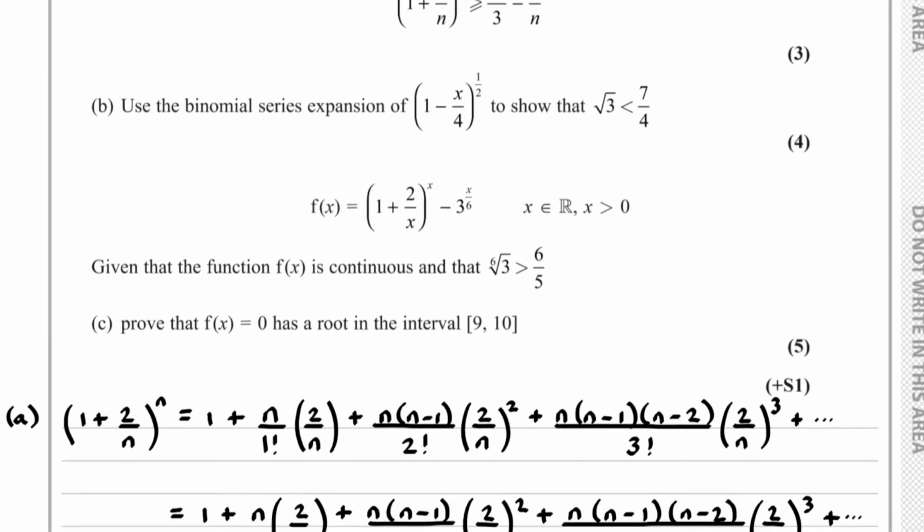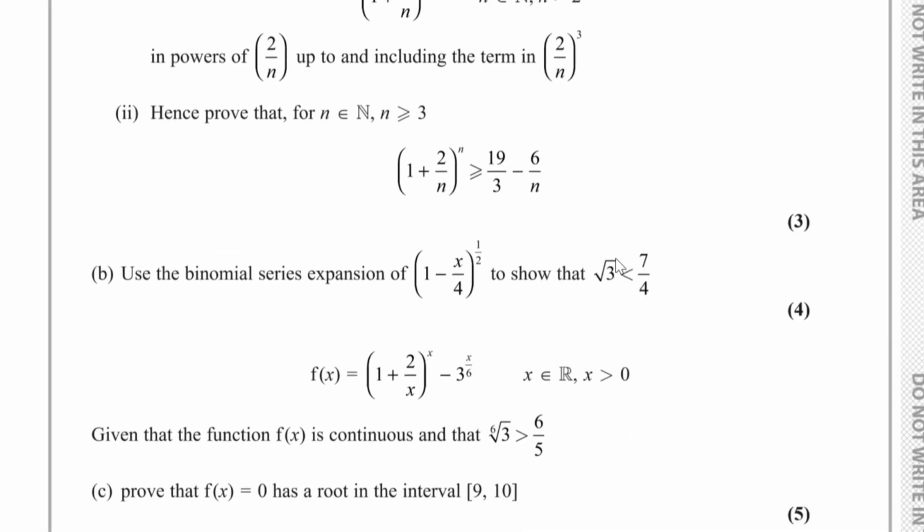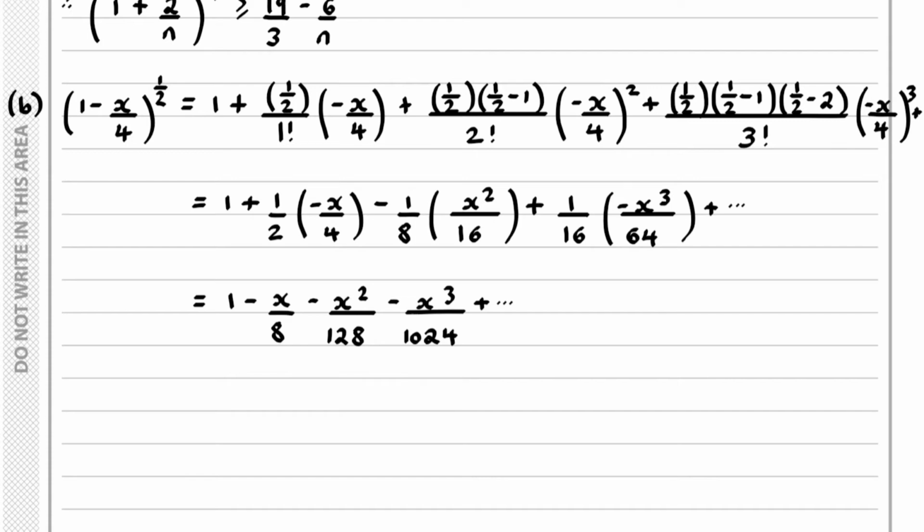Now, we've got an inequality symbol here, and the way we can apply an inequality symbol is to think to ourselves, well, if here I've got a root 3, and if here I've got a 7 over 4, well, if I somehow remove these terms, then 1 subtract x over 8, we want that to look like a 7 over 4 somehow, and on the other side we want a root 3 somewhere, and I can think to myself, well, 1 subtract a quarter, that gives 3/4, and 1 subtract an eighth, that gives 7 over 8. So they do look familiar when x is 1.